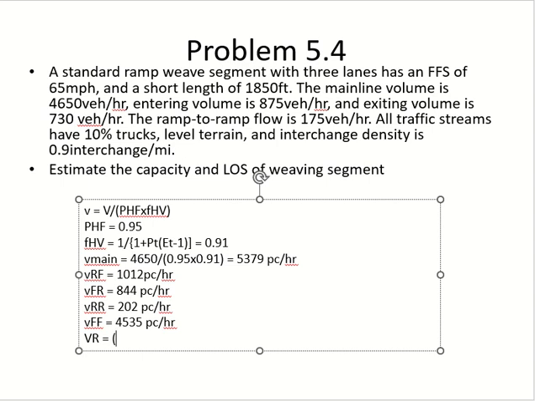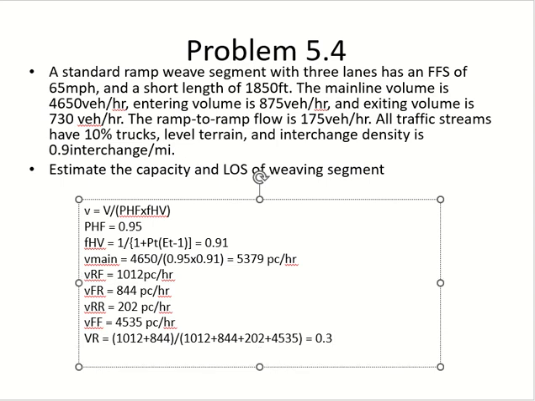So weaving is 1012 plus 844, divided by the total. How much is that? 0.3.